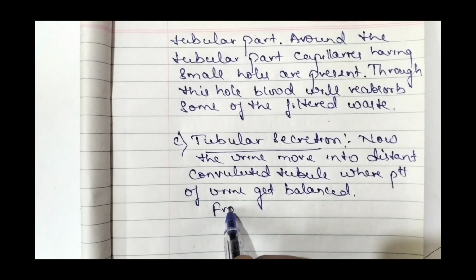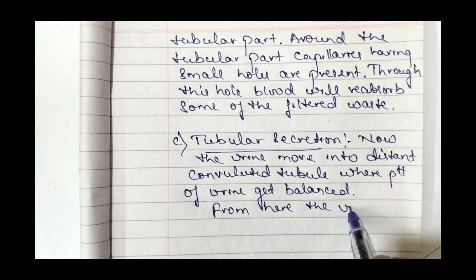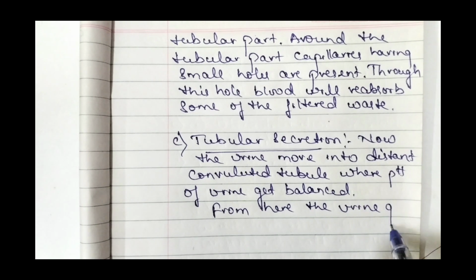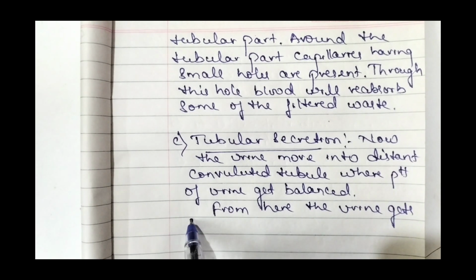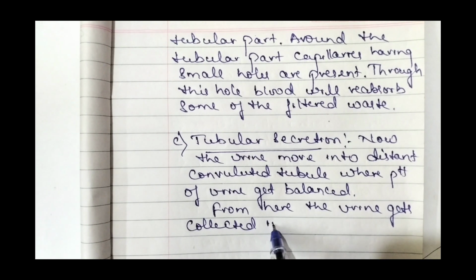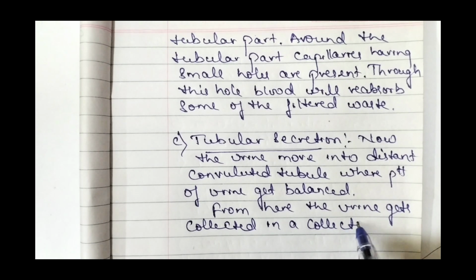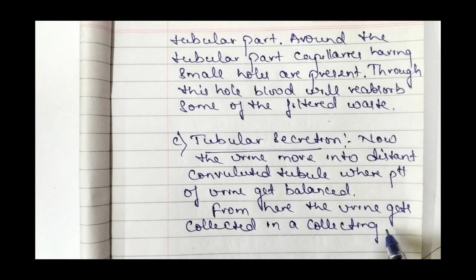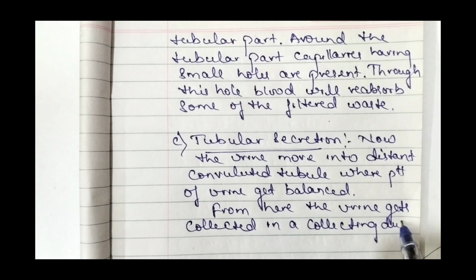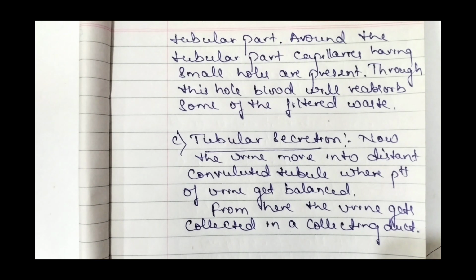From here, the urine gets collected in a collecting duct. It contains a large number of collecting ducts. In that collecting duct, urine is collected. So like this, urine is produced in the human kidney.